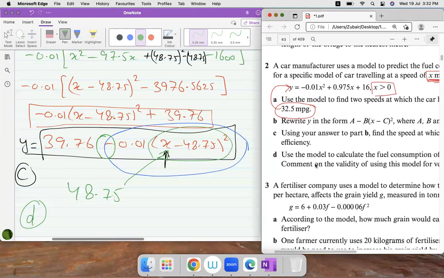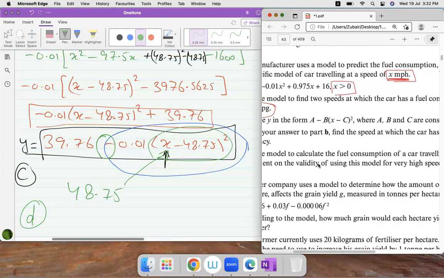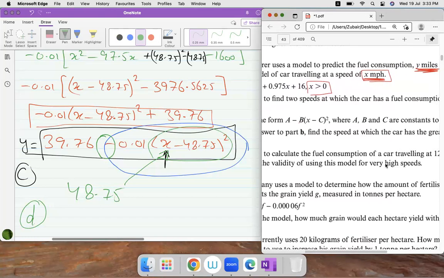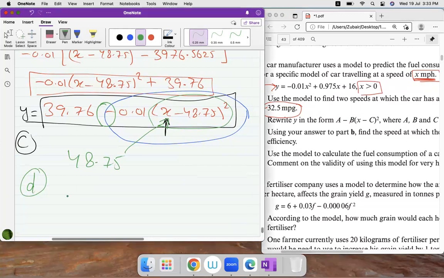Part D says use the model to calculate the fuel consumption of the car traveling at 120 miles per hour. Comment on the validity of using the model for very high speeds. So if we are using 120, 39.76 minus 0.01 times 120 minus 48.75 whole squared.